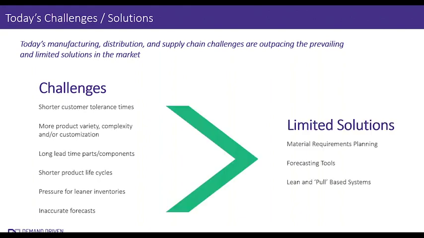The solutions that are available to address these challenges are pretty limited. We have traditional MRP, which is generally outdated. We have some forecasting tools, which a lot of our clients are using, especially in the NetSuite arena, and then some lean and pull-based systems as well. But not really any of these has provided a multi-echelon, fully scalable solution to address all of these challenges.